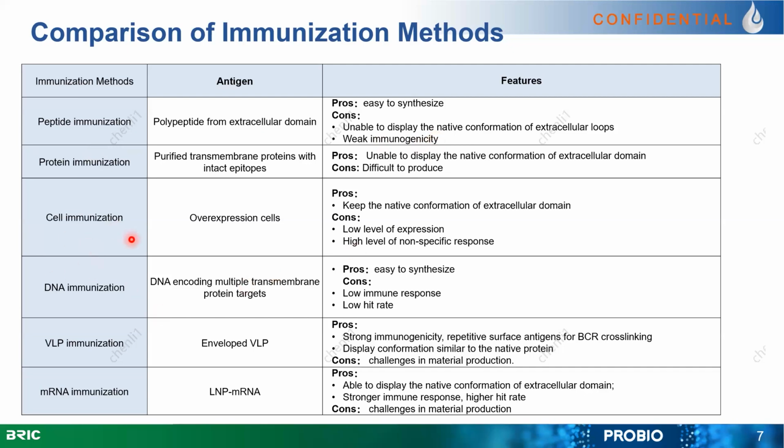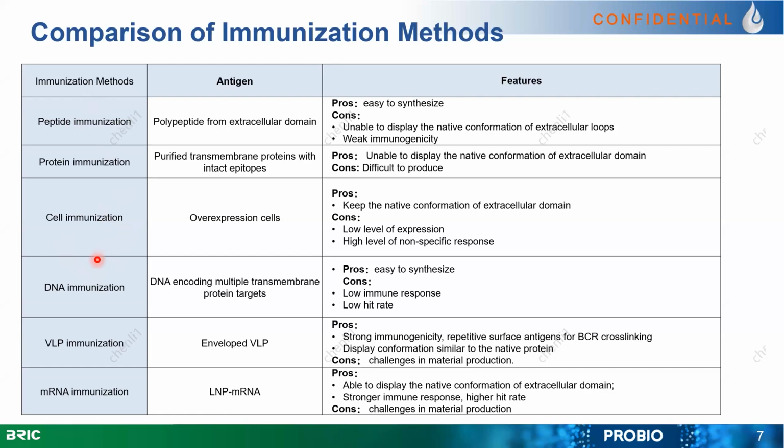Currently, cell and DNA immunizations are the most common approach for multiple pass membrane targets. However, this combo, the DNA plus the cell, has intrinsic bottlenecks that lead to undesirable immune response. DNA immunization can only generate a relatively low level of antigen expression in vivo, resulting in weak immune response, while the cell immunization brings a significant portion of non-specific immune response against those irrelevant antigens expressed on the cell.